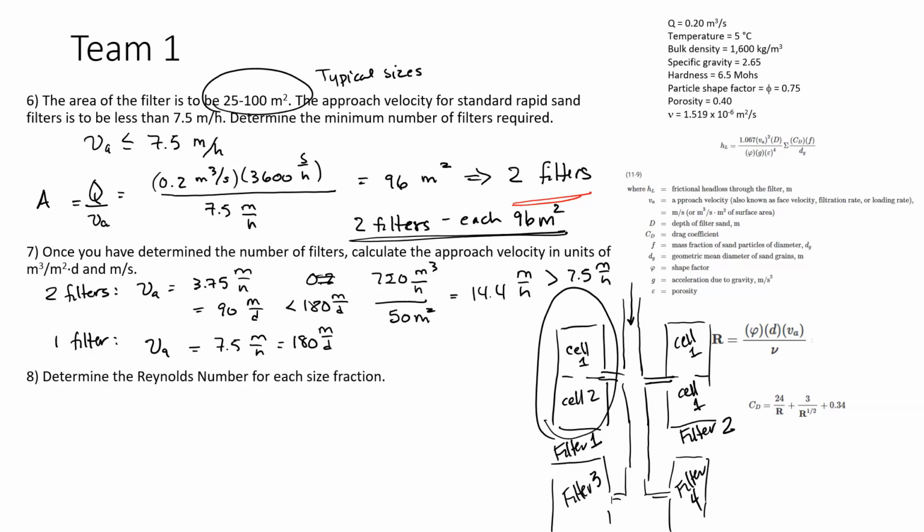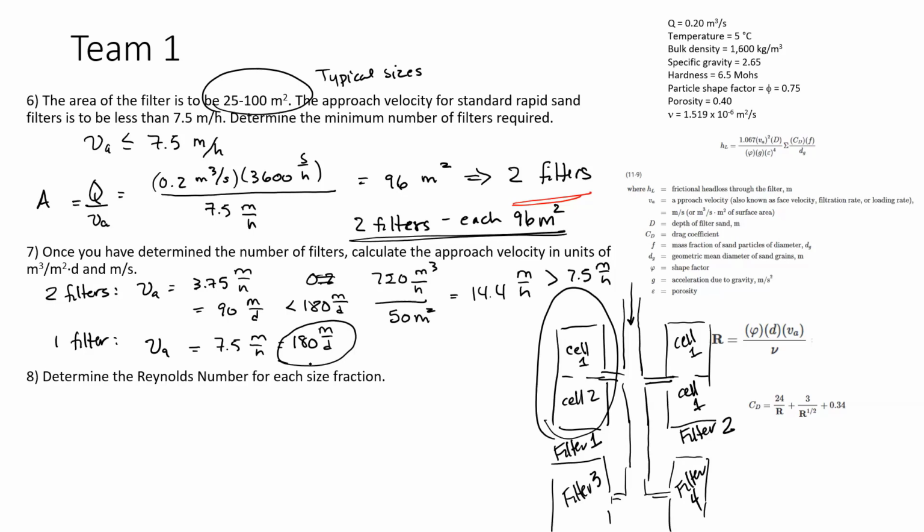So when you're doing your designs, make sure you have an even number of filters, and make sure that you do not exceed this approach velocity with 1 filter out of service for backwashing.